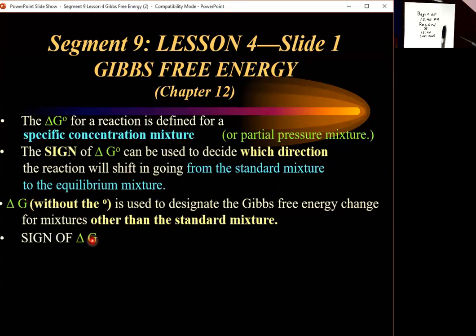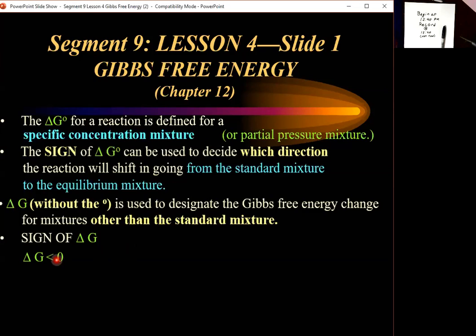If the sign of delta G is less than 0, free energy comes out of the system, and that means it is spontaneous in the direction you've written it. Remember, when you write down a reaction, what you've got on the left is the reactants, and what you've got on the right is the products.